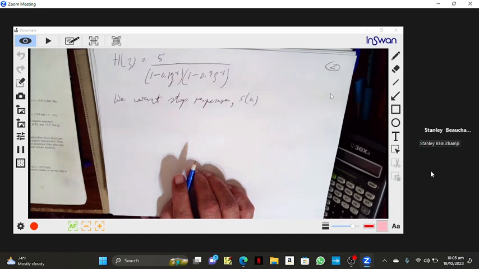Oh, my Wi-Fi is a little bad, but I was saying you can start by finding the impulse response. Find what? The impulse response. Why are you going to find the impulse response when I'm asking you to find a step response?